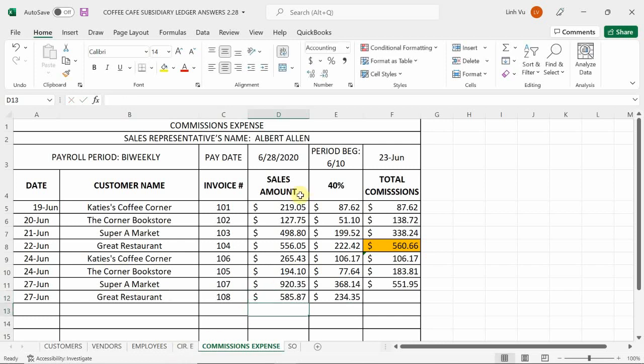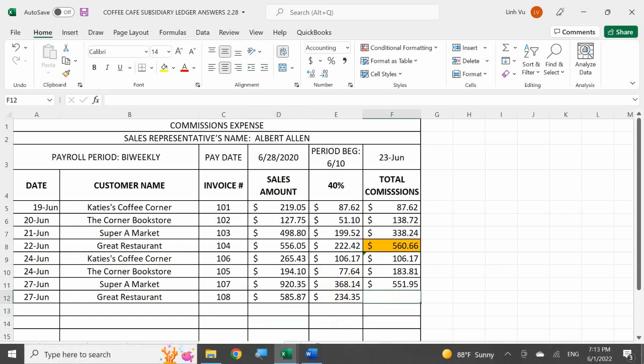Here it automatically calculated 40% of that, which gave me a grand total of $234.35. We're going to add these two numbers together. That means as of now, we owe Albert Allen a check for $786.30.